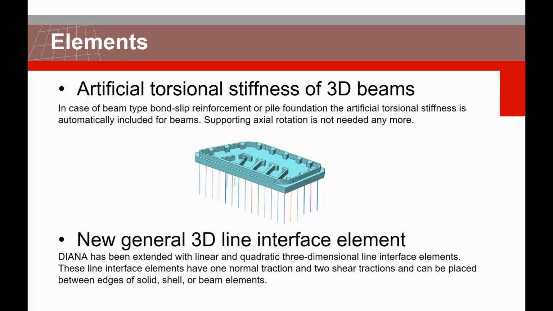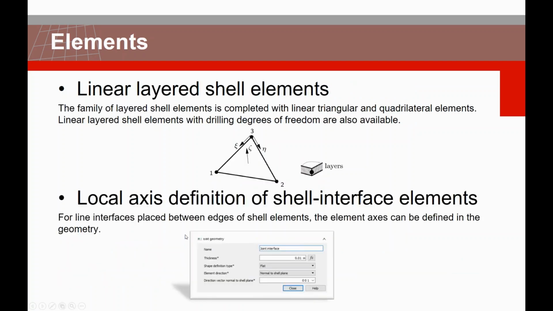And also for the 3D line interface element, this is a very nice feature: you not only have one normal, you have two shear components along your line interface, in terms of the two different in-plane directions of your shear.